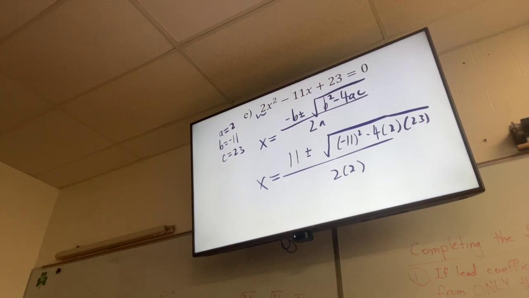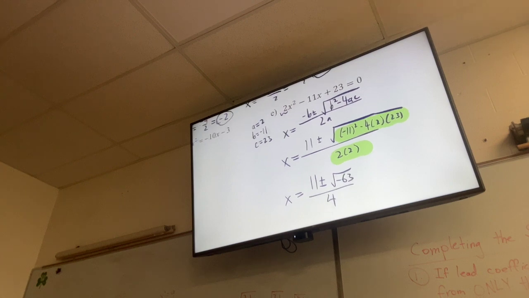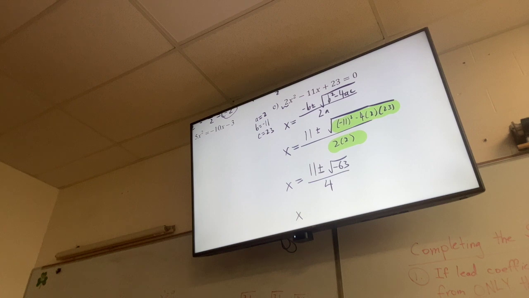So negative 11 in parentheses squared minus 4 times 2 times 23 is negative 63. So I crunch this in my calculator and get x equals 11 plus or minus the square root of negative 63 all over 4. Then next step, let's simplify that square root.